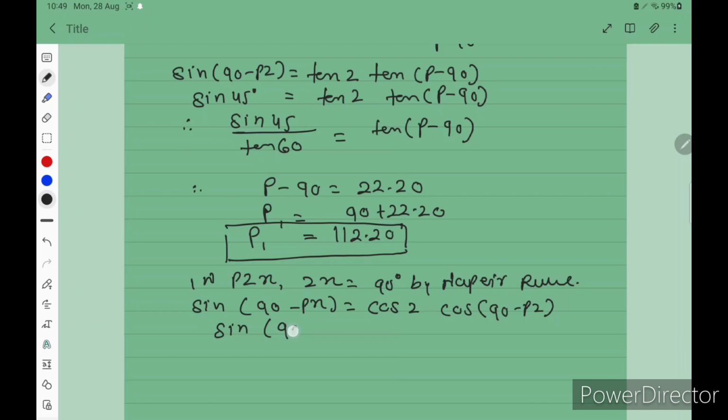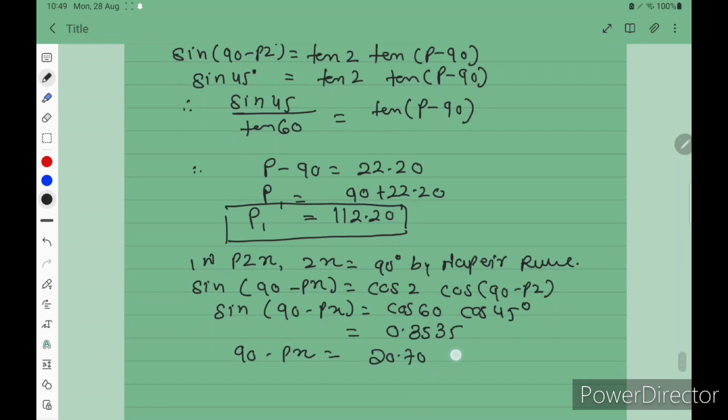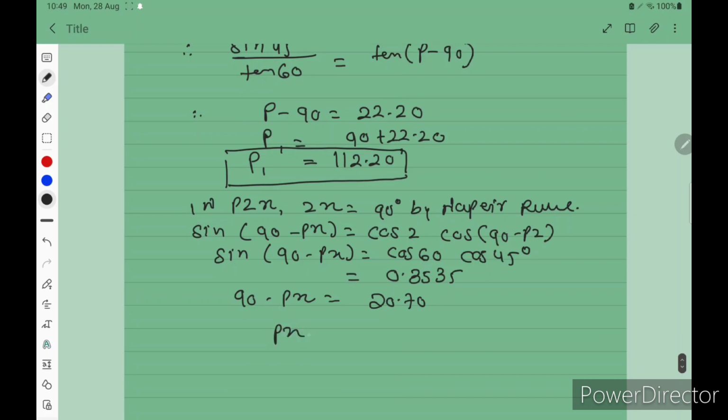Therefore sine of 90 minus PX is equal to cos 60 into cos 45, which is 0.3535. So 90 minus PX is equal to 20.70. So PX is equal to 69.29.